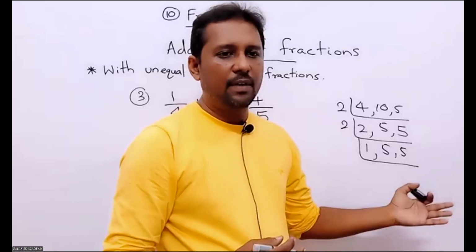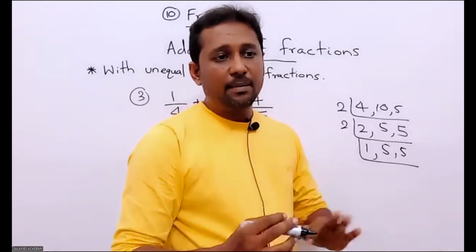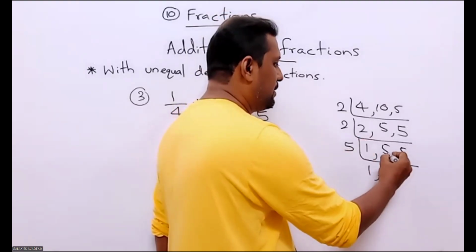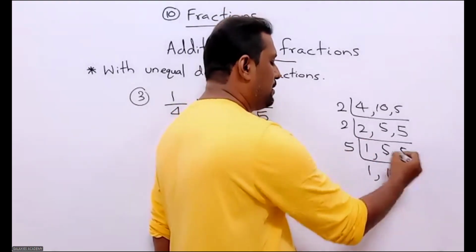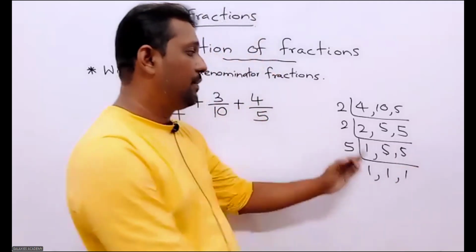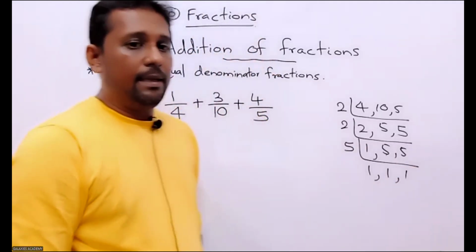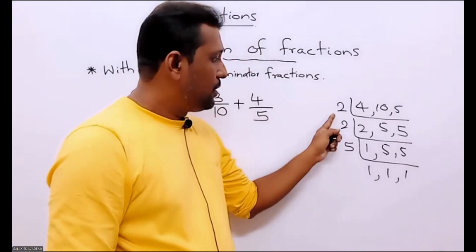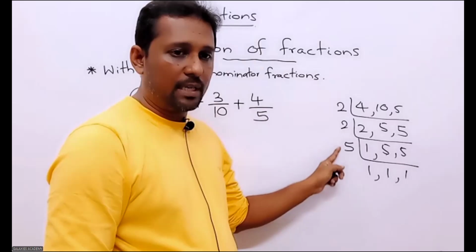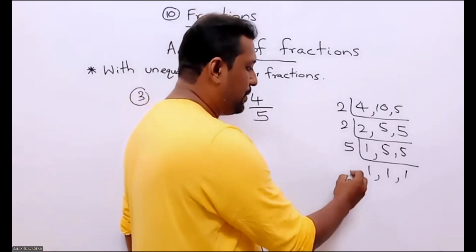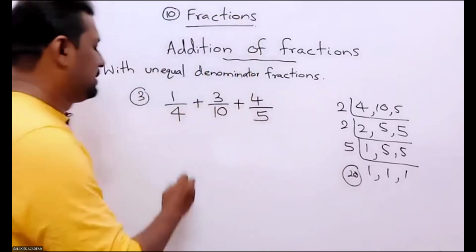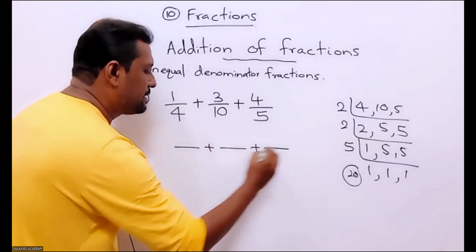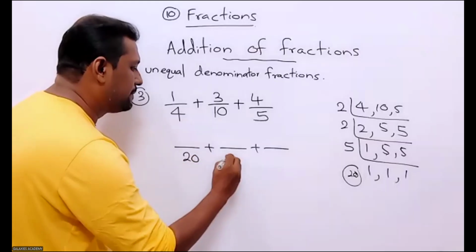Also, we can't divide by 3. Next prime number is 5. Now we can divide by 5. 5 divided by 5 is 1, 5 divided by 5 is 1. Then for LCM you have to multiply these prime numbers. 2 times 2 is 4. 4 times 5 is 20. So LCM is 20. Now I can write these three fractions with the denominator 20.